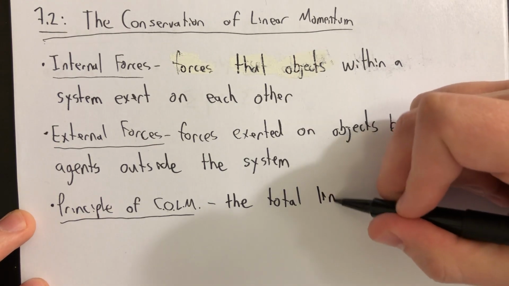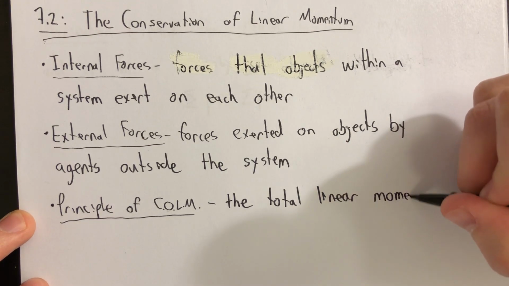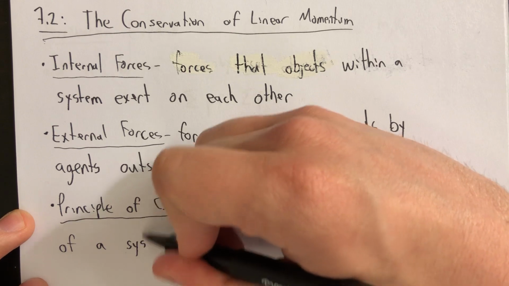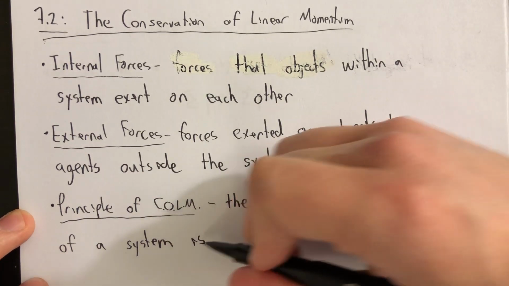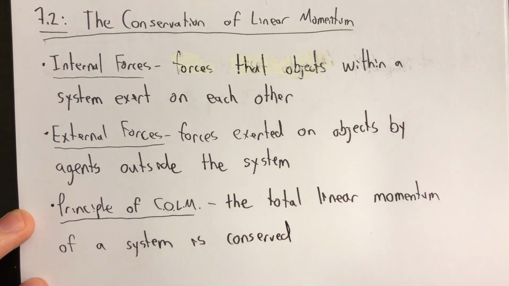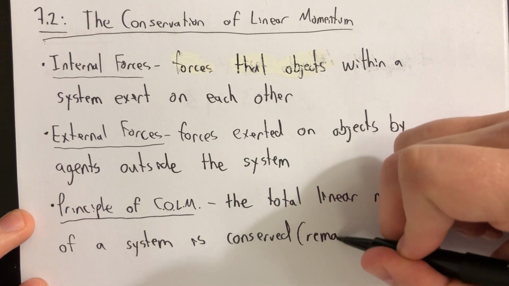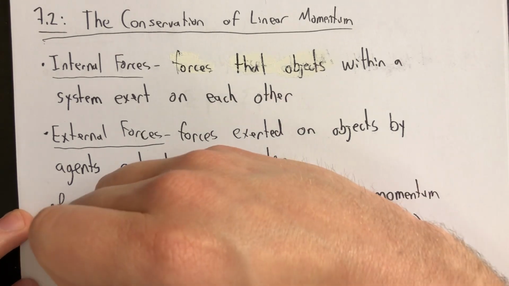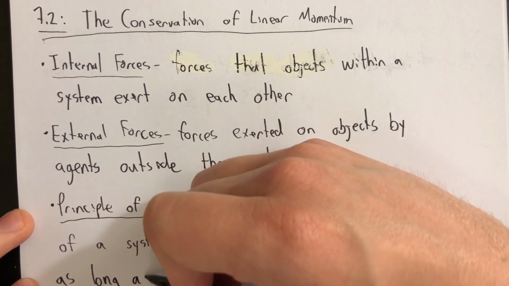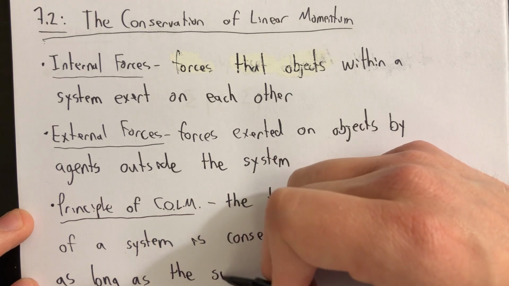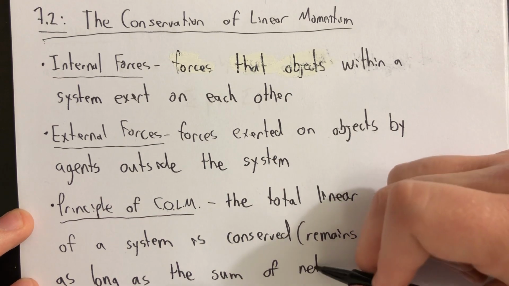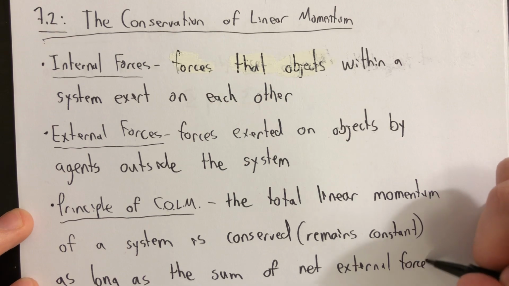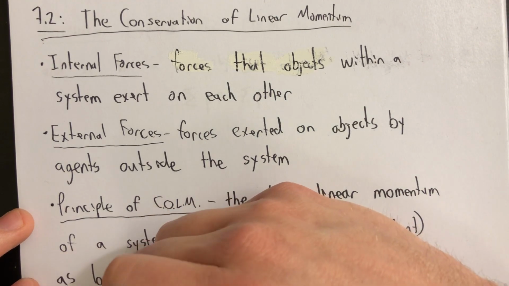The total linear momentum of a system is conserved, which means that it remains constant as long as the sum of net external forces is zero.